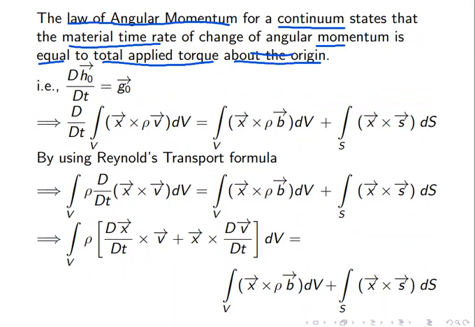That is the law of conservation of angular momentum. So according to that, the LHS is d by dt of h naught equal to g naught.